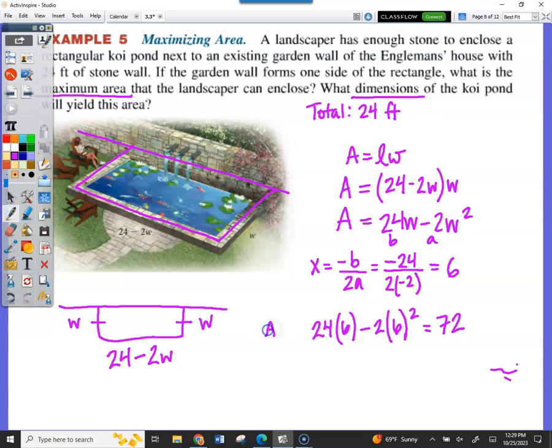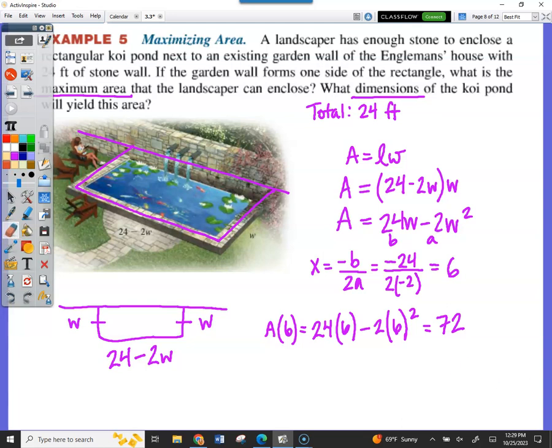This was me finding A of 6, if you're wondering where that came from. I took the function A, I plugged 6 in everywhere there was a W. And I got 72.